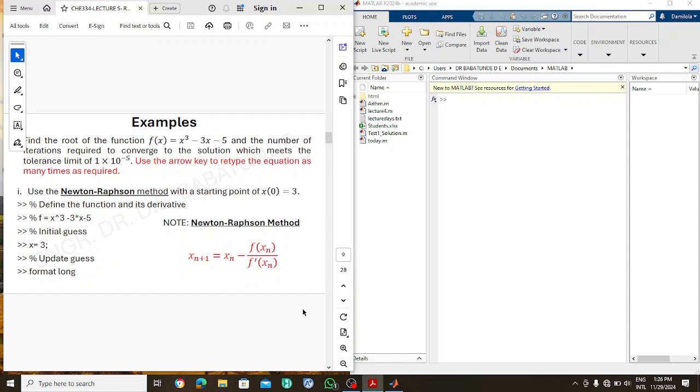This time around, since we have not moved into programming in Matlab, we have not officially talked about conditionals and all of the loops that you can look at. So we'll be doing it, let me call it, manually.